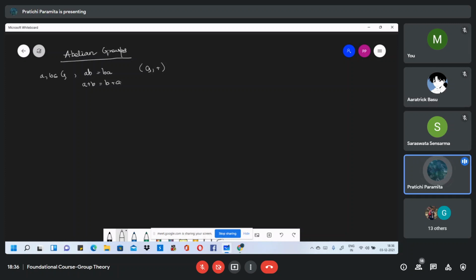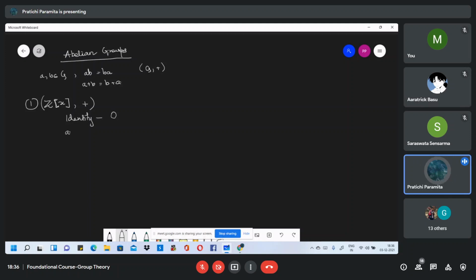A very simple example of an abelian group is the set of polynomials over integers, and this group operation would be addition. So here the identity element would be the zero polynomial.